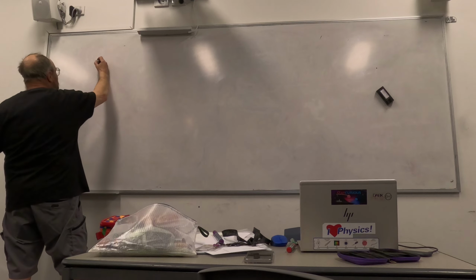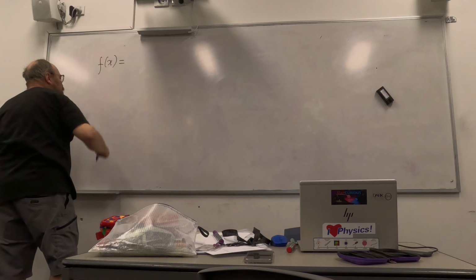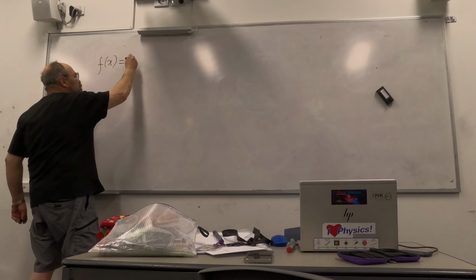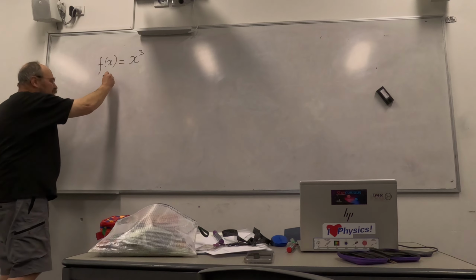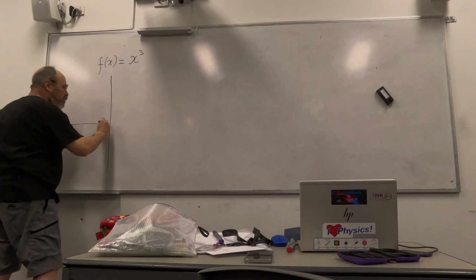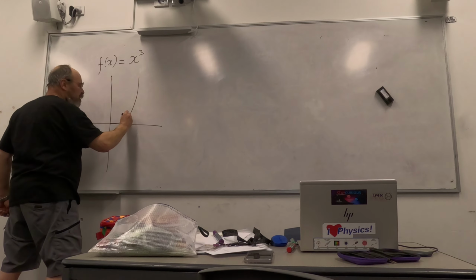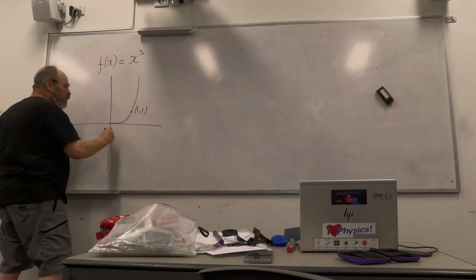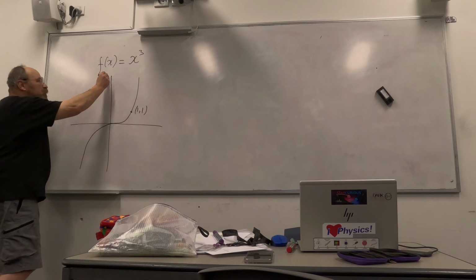We have again the function f of x equals x cubed. If you sketch this graph, that will be the point 1, 1. So this is the graph of the cubic function.